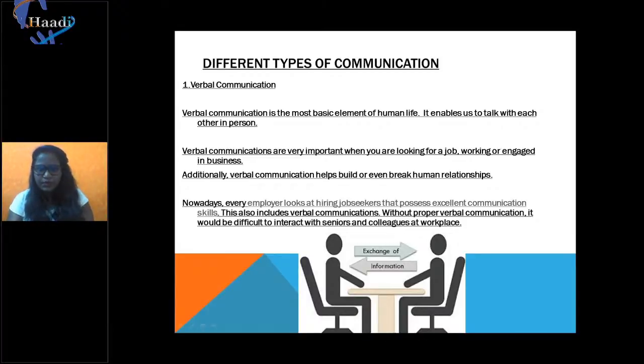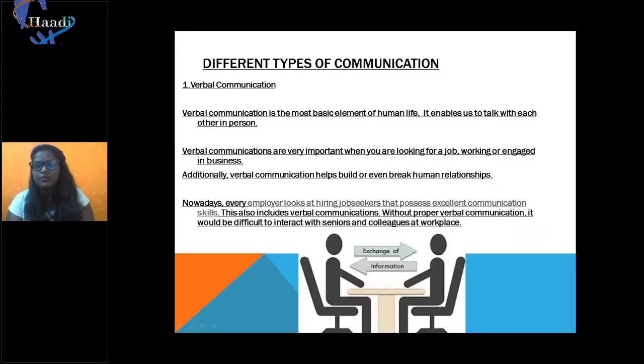As we spoke about before, verbal communication is the most basic element in our human life. It enables us to talk with each other in person. Verbal communication is very important when you are looking for a job or engaging in business. In addition, verbal communication helps to build or even break relationships. Nowadays, employers look for job seekers with this skill, which includes verbal communication.